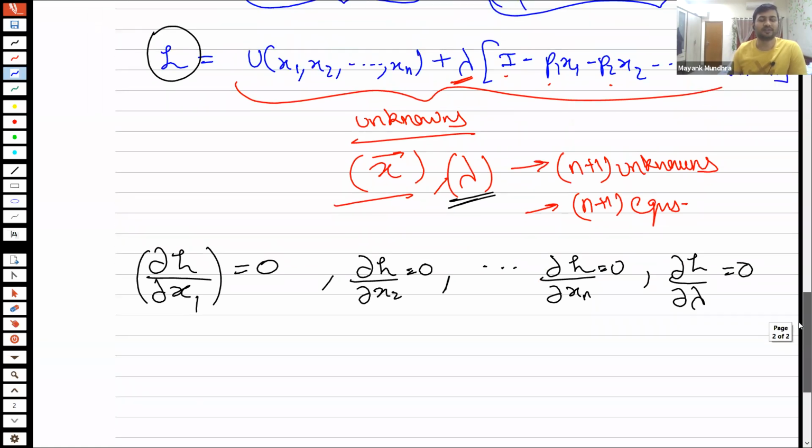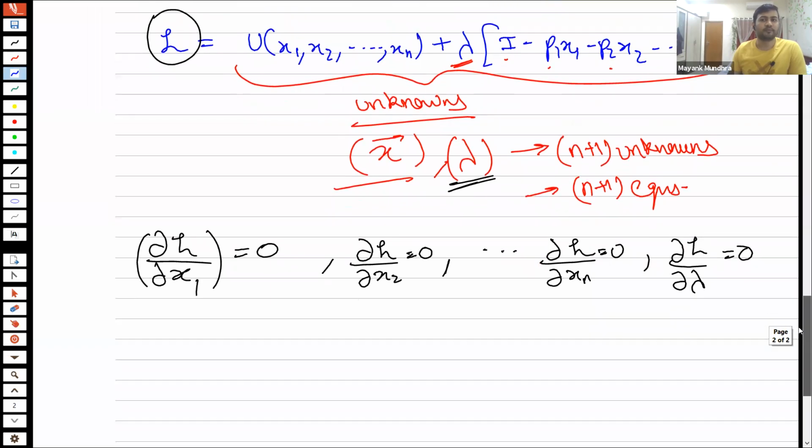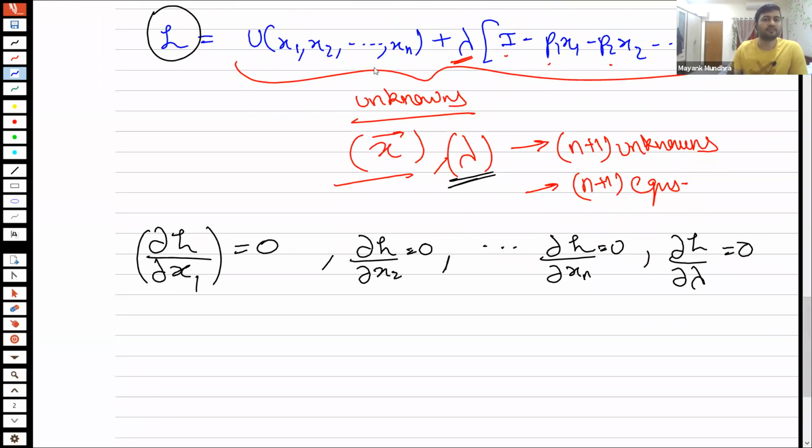So let us look at what happens when I differentiate this. Remember the rules of differentiation. When I'm differentiating this u function with respect to x1, I'm going to write it as del u by del x1. First I'm differentiating the entire Lagrangian equation with respect to x1, which is basically this equation, plus lambda times, inside this function x1 appears only here, and this x1 is multiplied with minus p1. So I can write this as minus p1. Everything else does not have any x1, so it cancels out.